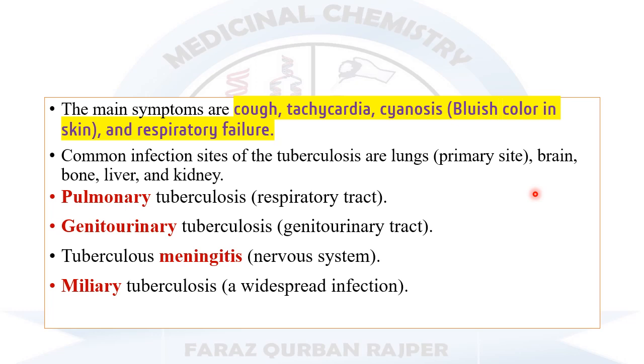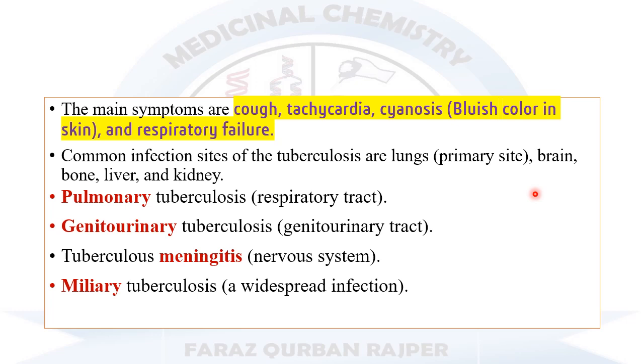Pulmonary tuberculosis is that type of TB that is related only to the respiratory tract. The lungs are mainly infected, and this can lead to respiratory failure. The other type of TB, in which Mycobacterium tuberculosis attacks other organs apart from the respiratory organ, is known as extrapulmonary TB.